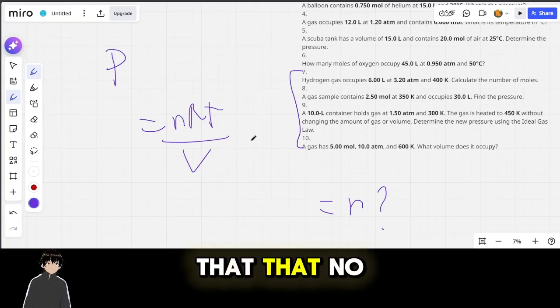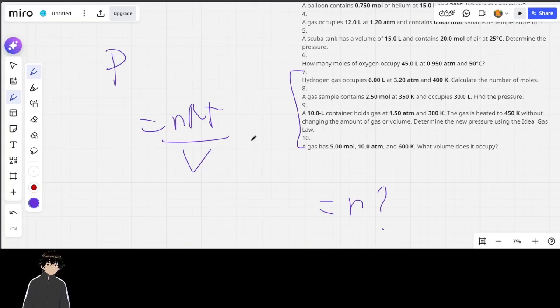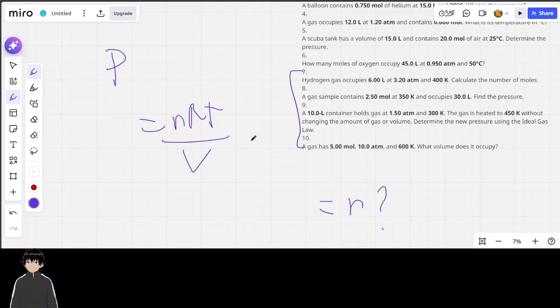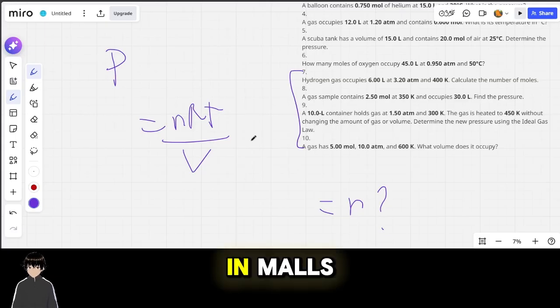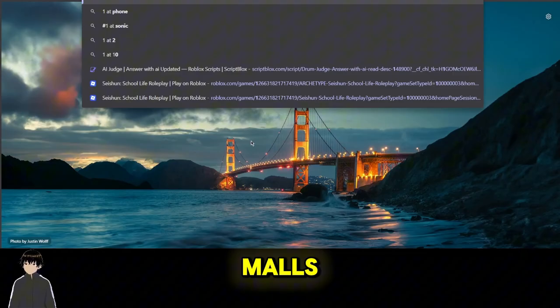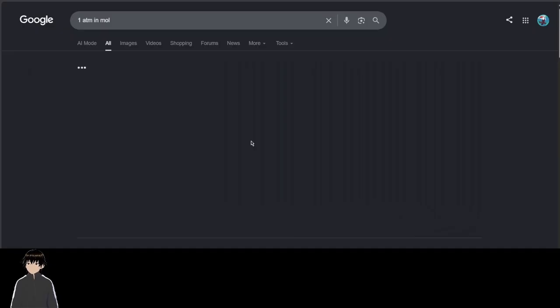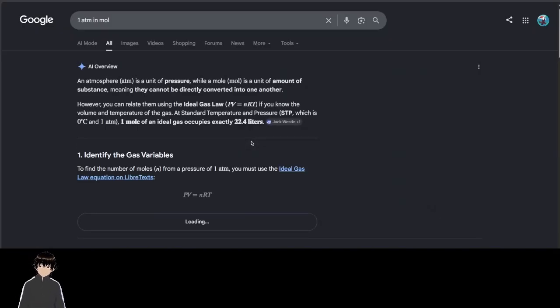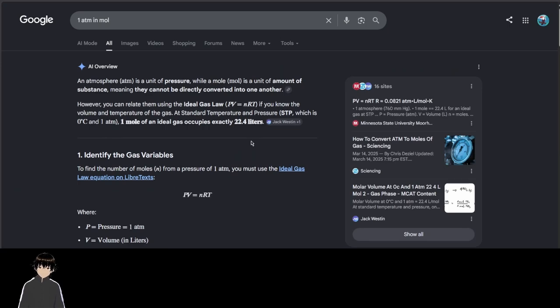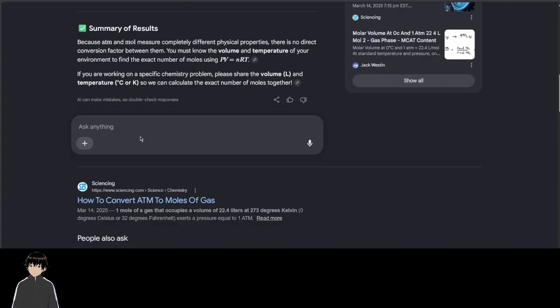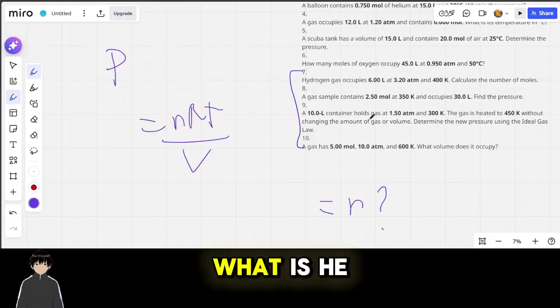Oh, no. What is 1 atmosphere equal to in moles? What is he talking about?